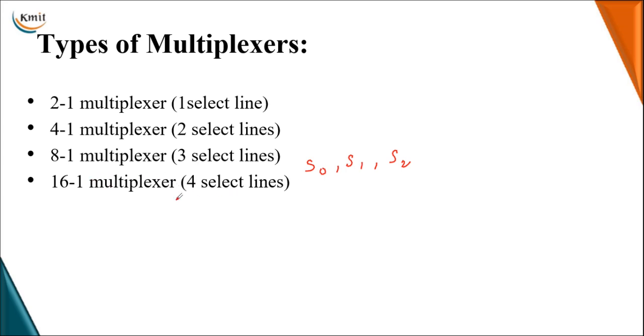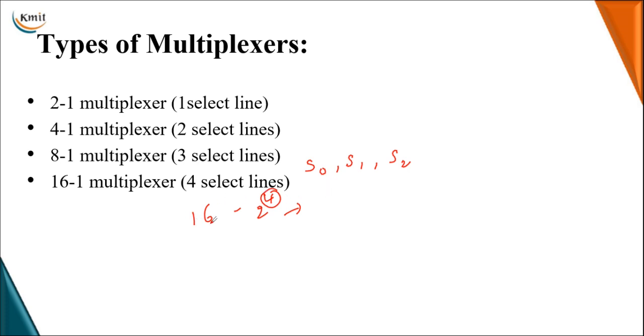In the 16 to 1 multiplexer, the number of inputs is 16, which you can write as 2 power 4. In 2 power n, this n indicates the number of selection inputs required to design that particular order of multiplexer.